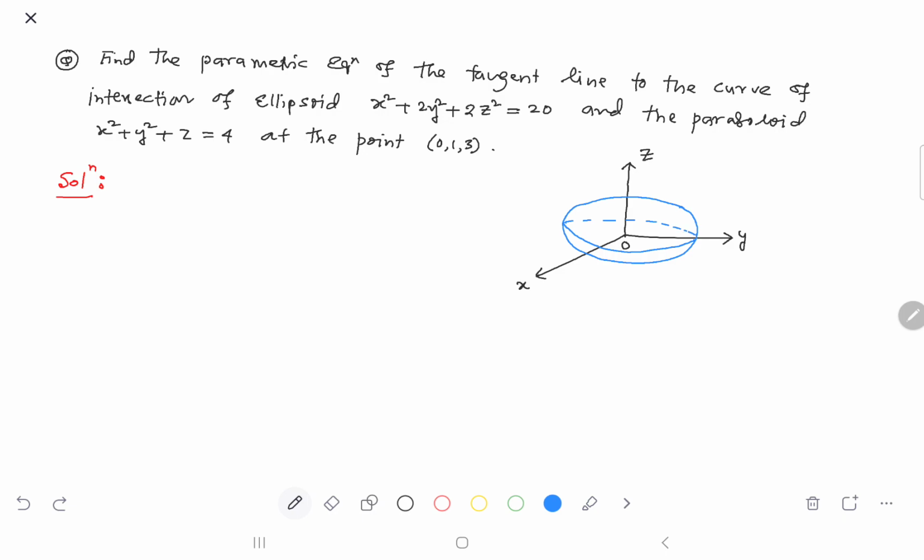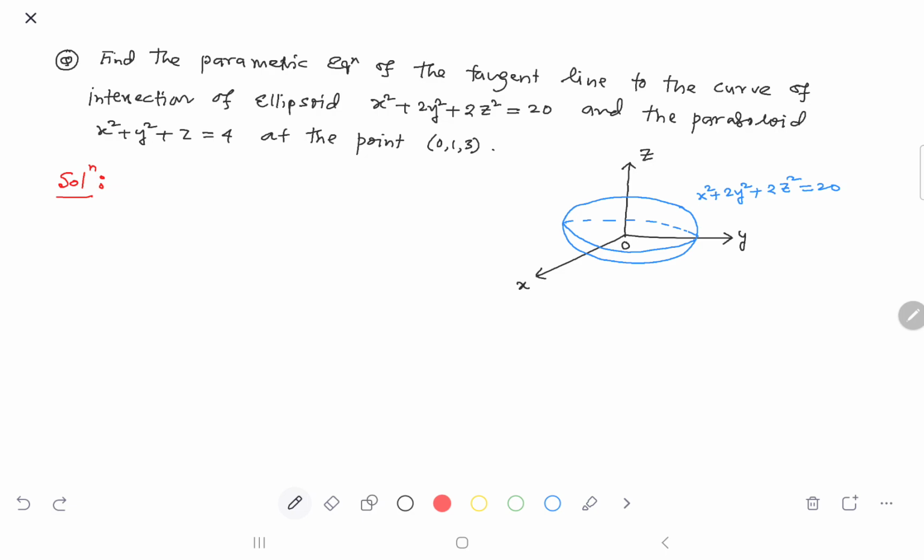Yeah. So this is the ellipsoid. I'm trying to draw it, but I'm not sure that I can draw the exact graph; I'm just drawing it for your visualization. Now let me draw the paraboloid.